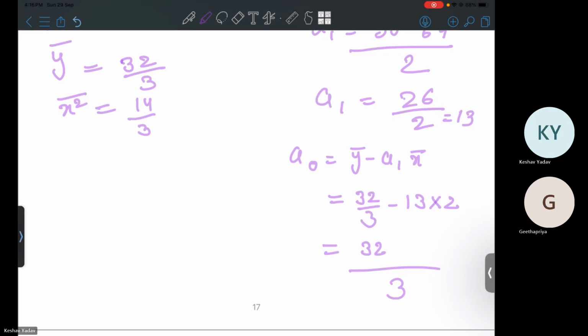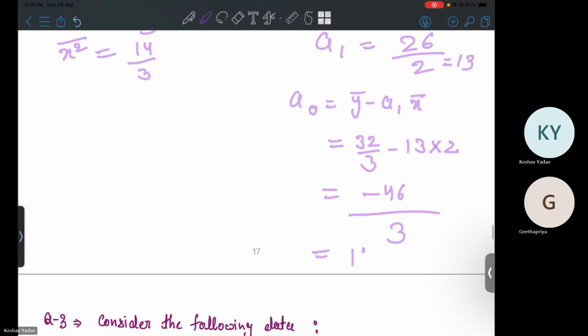We'll do the calculation. 32 minus 3 multiplied by 2 multiplied by 13, divided by 3, that will lead to 46, so it will be about 15.33.